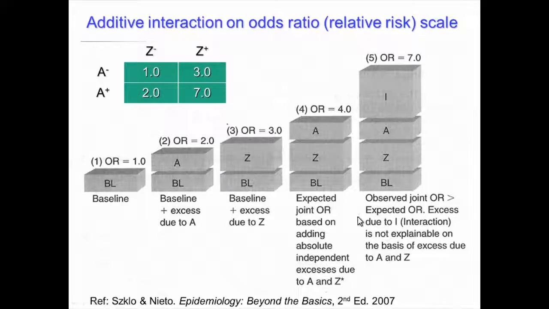This is our expected level. But in actual fact, when we carry out our study, we get an odds ratio of 7, and that represents this extra amount, an extra odds ratio amount of 3 on top of what we'd expect, including the baseline. So this is just another way of assessing additive effect modification on a multiplicative scale. And so it's exactly the same as the previous example using cumulative incidence ratios.